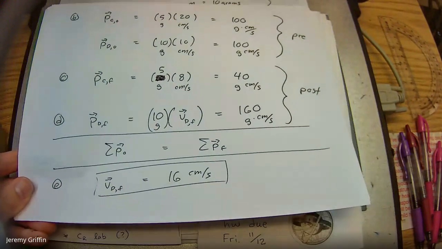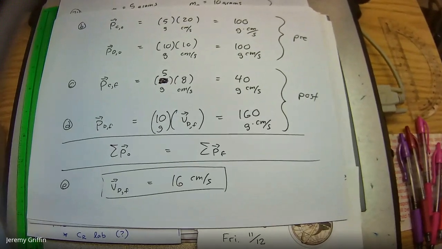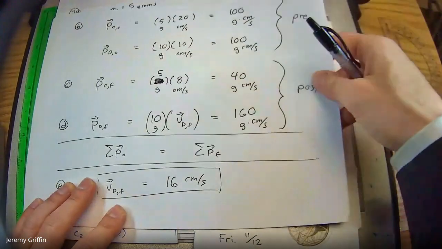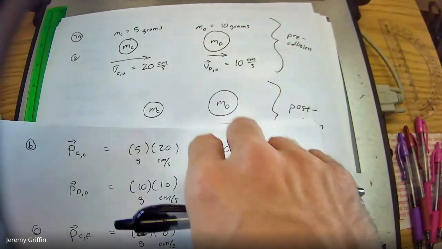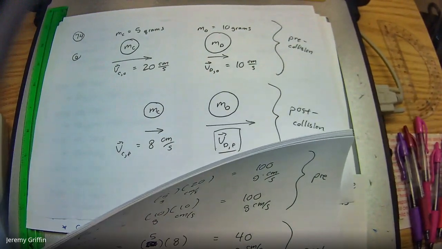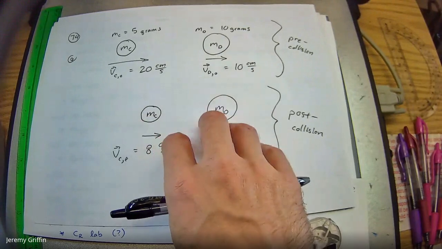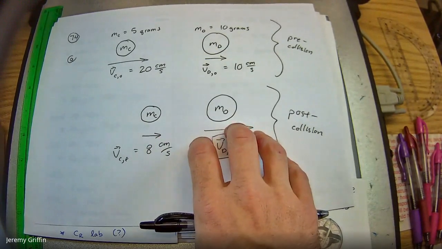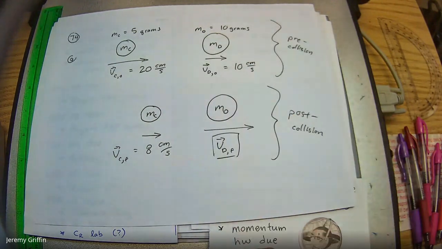Right? Let's go back. Now there's a sort of addendum I want to throw on this, which is I want to compare kinetic energy before and after. So before the marbles collided, there was a certain amount of kinetic energy in the system. And after they collided, there's also kinetic energy. They each had mass and their motion. Now, the kinetic energy after compared to before, after the collision, is it less than, equal to, or more than it started with?